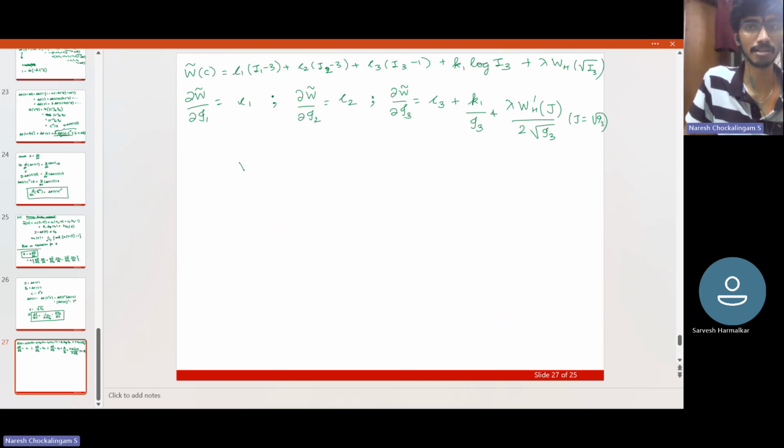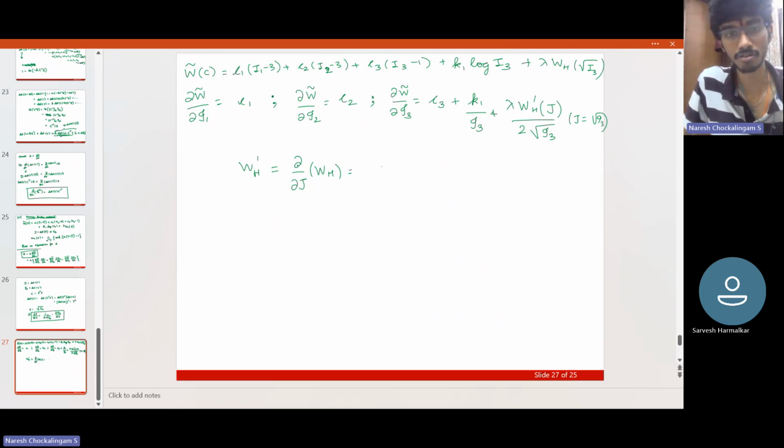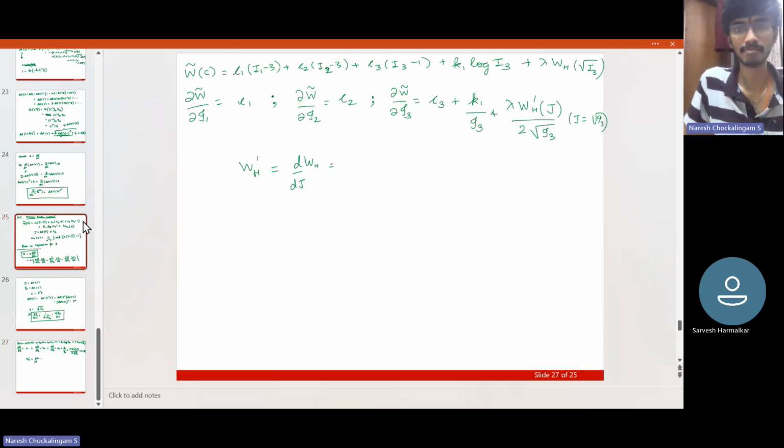Now what is the next step? We have to find what is WH dash. So WH dash is what? It is d by dJ of WH. It is not dou, it is d, because WH is a function only of J. And in this case, WH is given by this function.